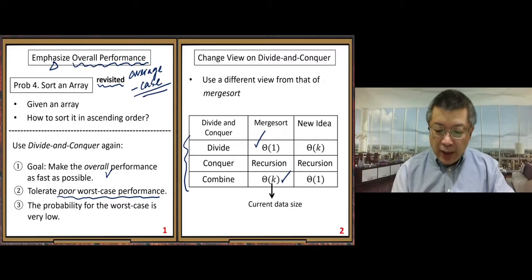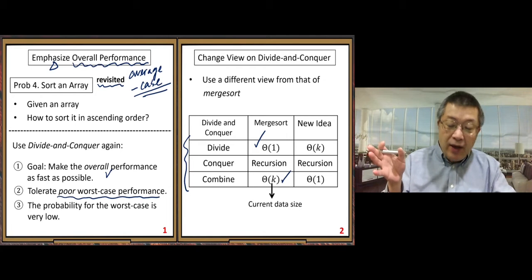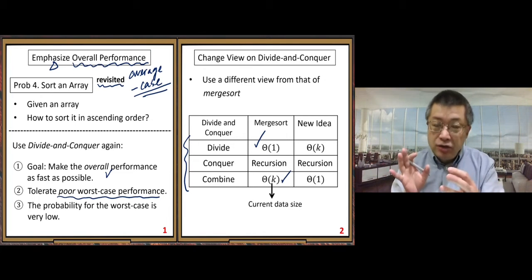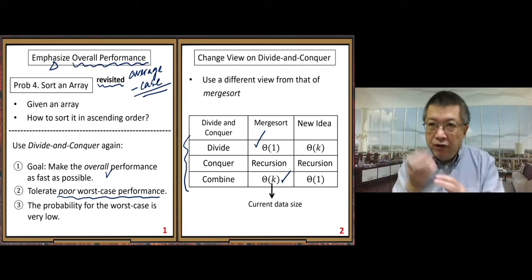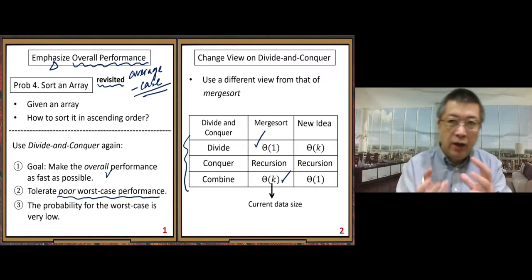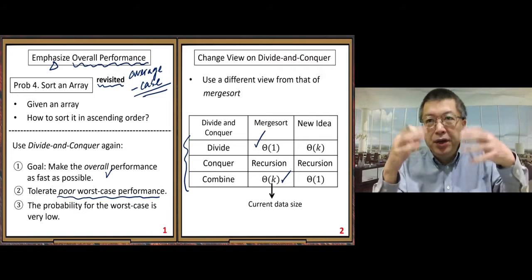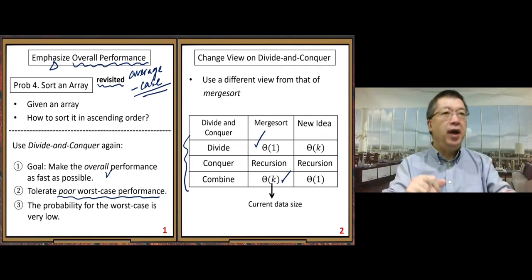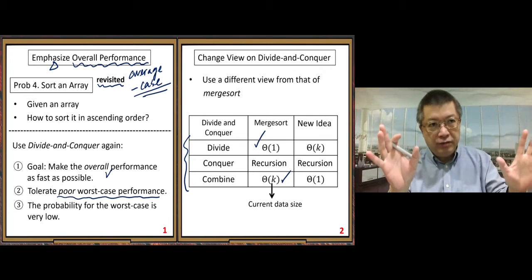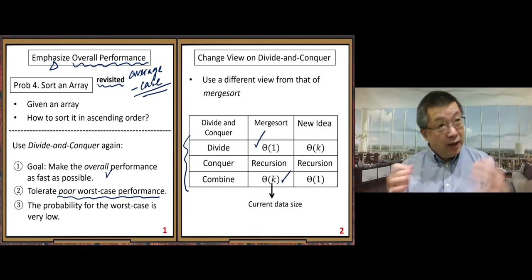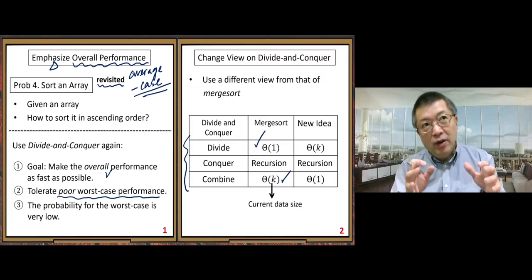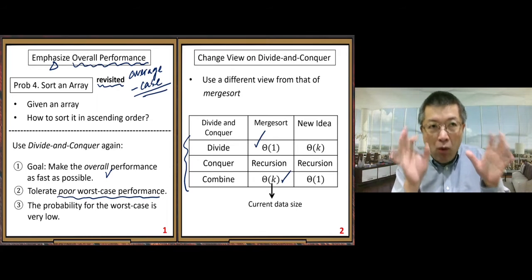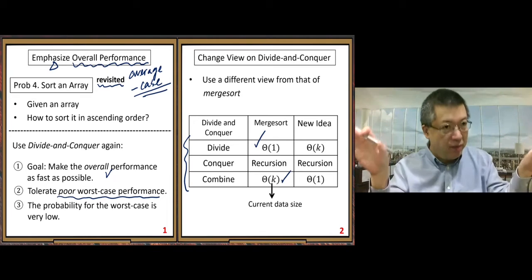All right. Then the new idea: we have to change to a different view. We have to shift our focus in order to get a completely new algorithm. The focus we shift is just the opposite. We are willing to pay more cost at the divide step.